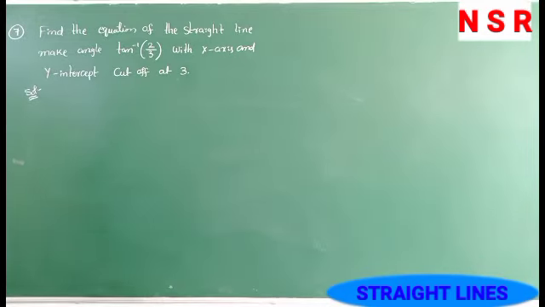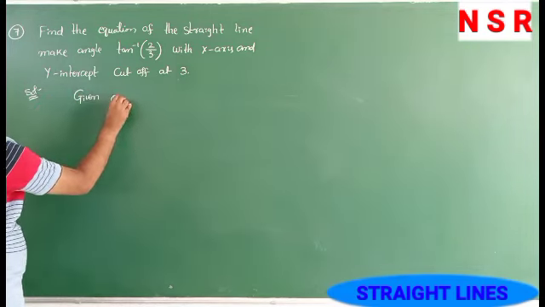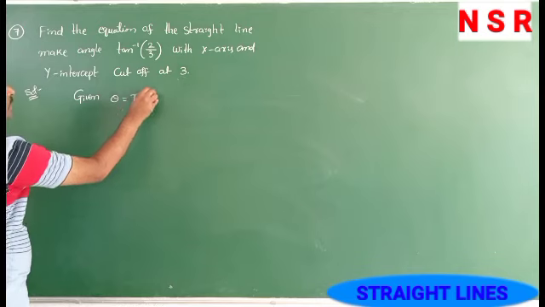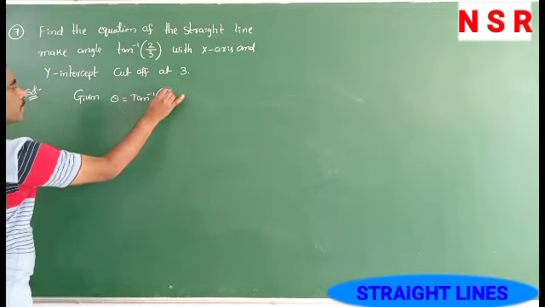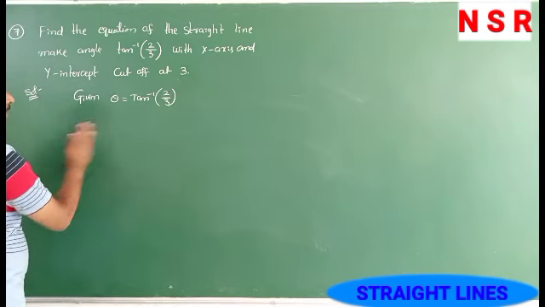So next question number 7, find the equation of the straight line that makes angle tan inverse 2 by 3 with x axis and y intercept cut off at 3. Here also given angle theta equal to tan inverse of 2 by 3 and also given y intercept. So theta is equal to tan inverse of 2 by 3. Now tan inverse move this side, it become tan.